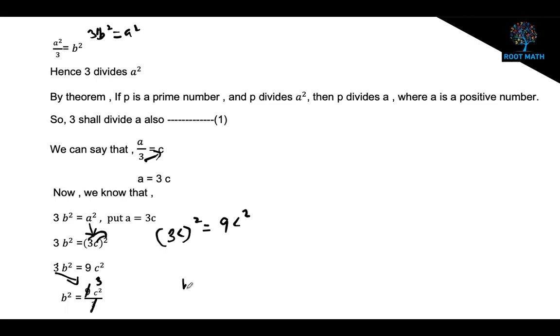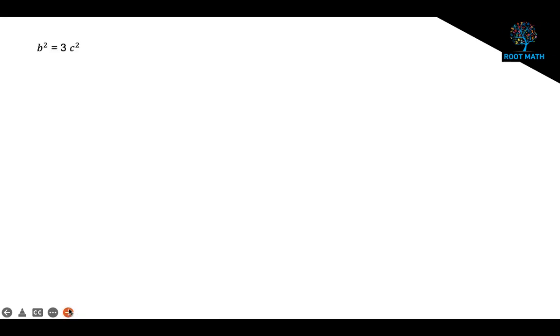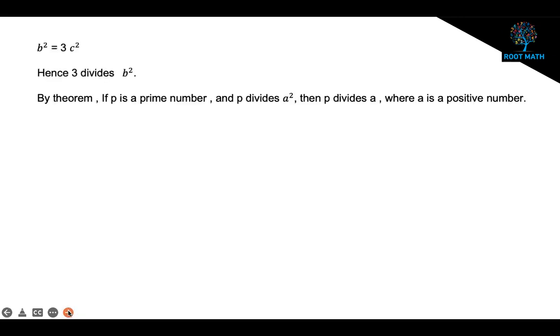Cancel this, it will become b squared is equal to 3c squared. b squared equal to 3c squared means b squared divided by 3 equal to c squared, which means that 3 divides b squared also. Before, what we got is 3 divides a squared. Now what we are getting is 3 divides b squared, which means that 3 divides b also.